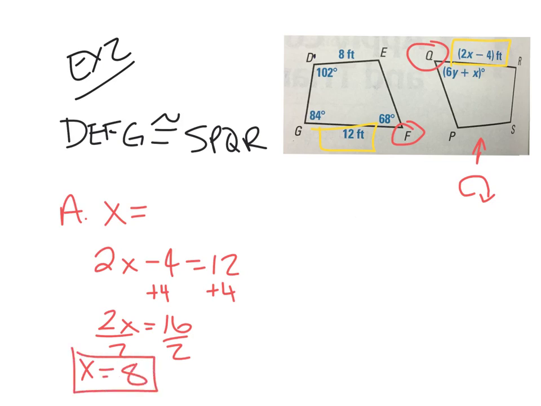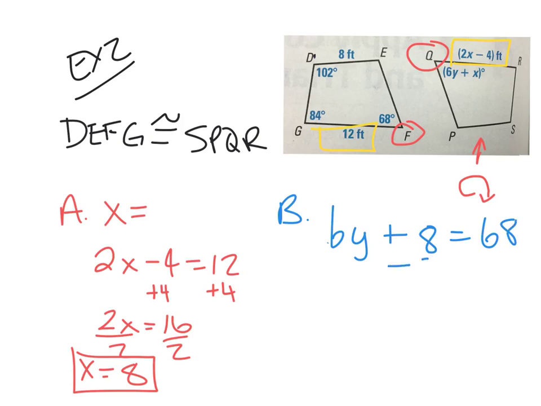That's for A. For B, it asks you to find the value of y. Well, we do know what x already equals, so now I can say 6y plus, what's x equal? 8 equals that 68 we were trying to do earlier.